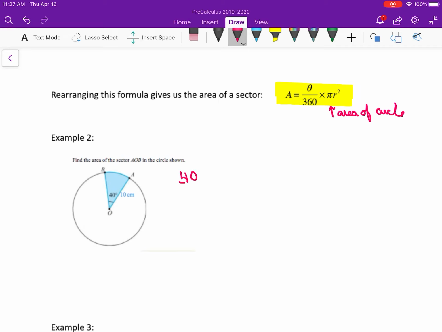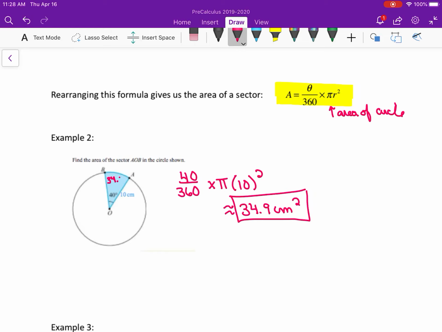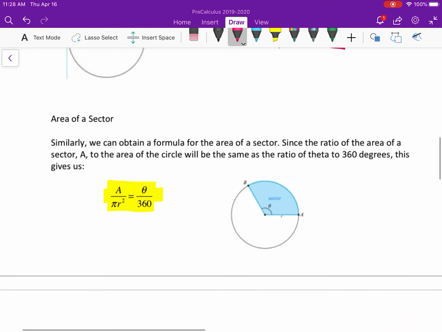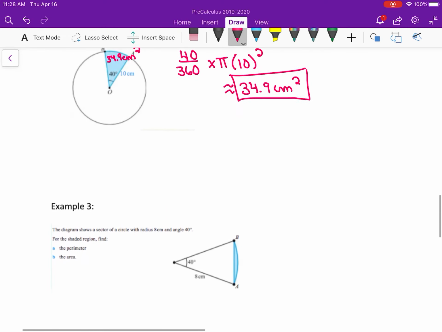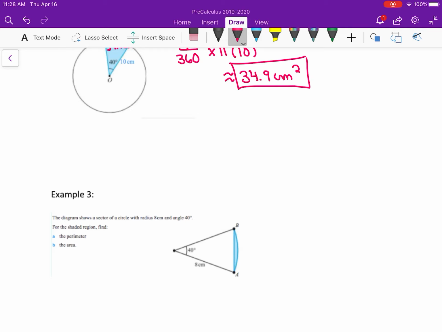So in this case, find the area of the sector. We're just going to have 40 over 360 times pi r squared. And you should get about 34.9 centimeters squared. All right, so this whole area in here is 34.9 centimeters squared, the area of the shaded region. Okay, just wanted to make sure I put my units on the previous one.